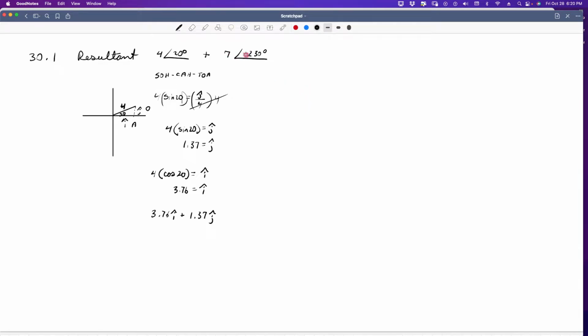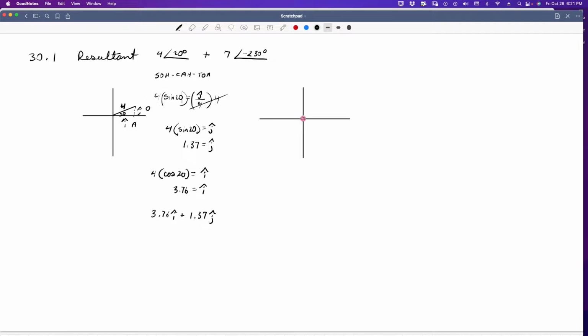So notice we have a negative 230 degrees. So when we draw this system, we're going to measure the opposite direction. If we begin here and go this way for positive, we begin here and go this way for negative. So 90, 180, and we need another 50 to get to 230.